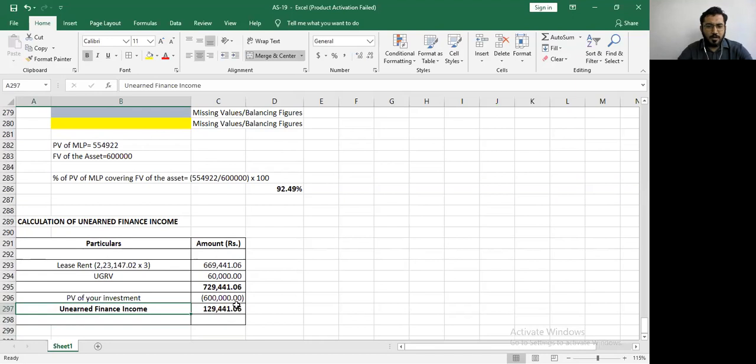You get 1,29,441. So your unearned finance income is 1,29,441.